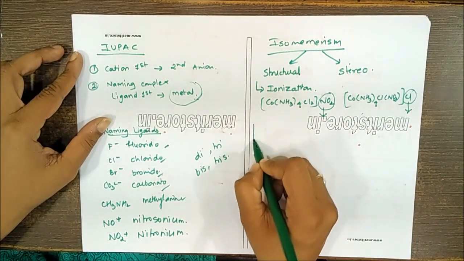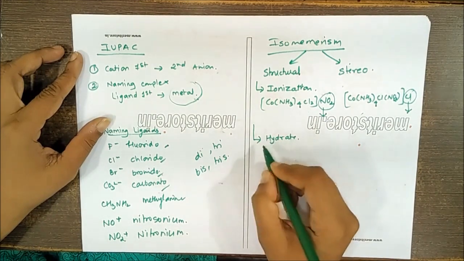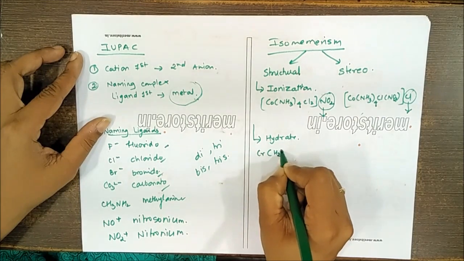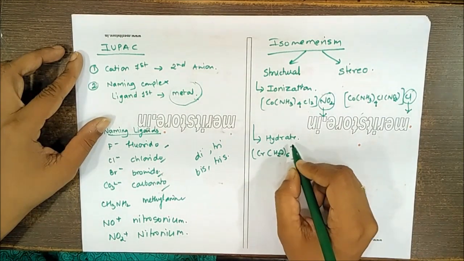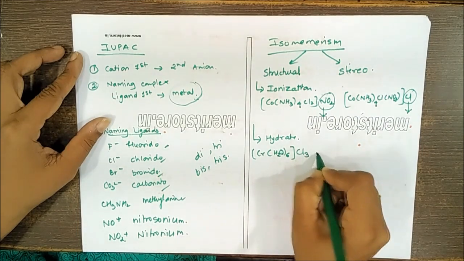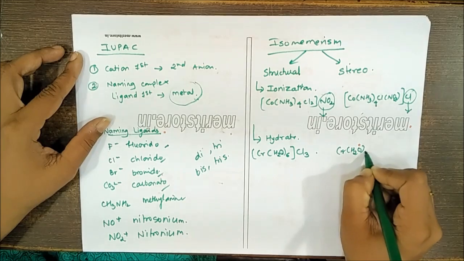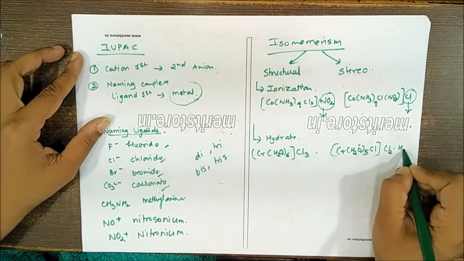They are also classified as hydrate isomers. For example, if you have [Cr(H2O)6]Cl3, then [Cr(H2O)5Cl]Cl2·H2O.